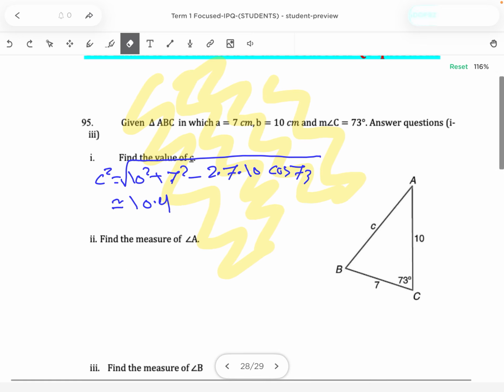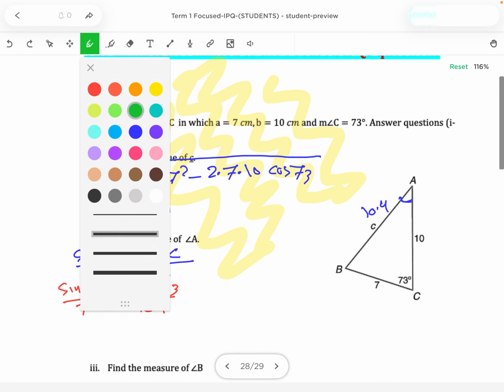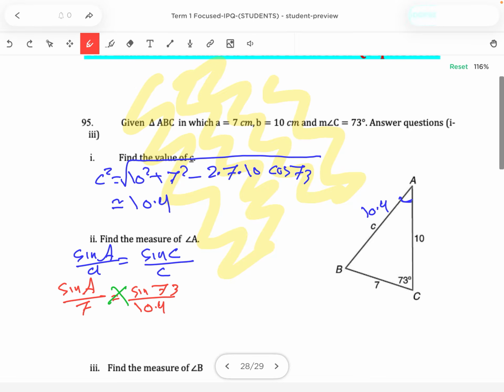That's it. To find A, we agreed to use either law of sine or law of cosine. Let us write 10.4 here. I will use law of sine now to find A. So sine A over a equals sine C over c, because these are the ones I know. Let us replace. Sine A over 7 equals sine 73 over 10.4. Cross multiply. 10.4 sine A equals 7 sine 73, over 10.4, over 10.4.